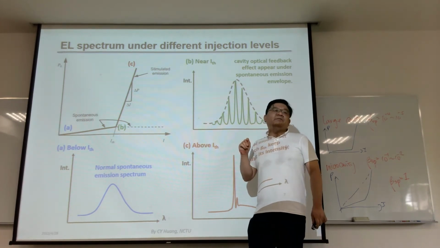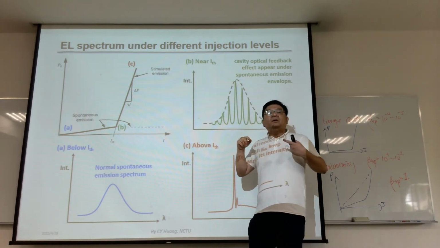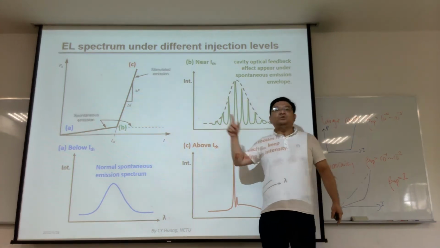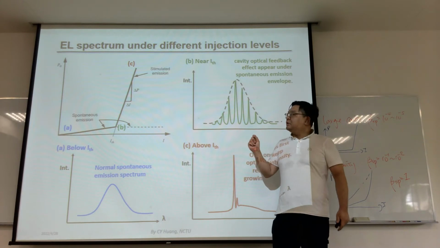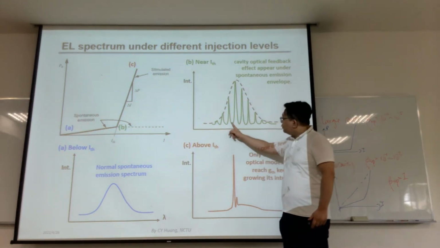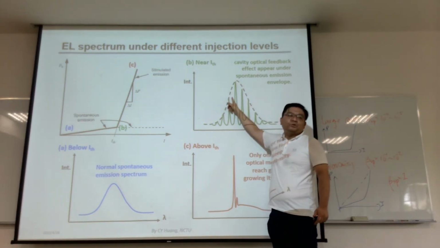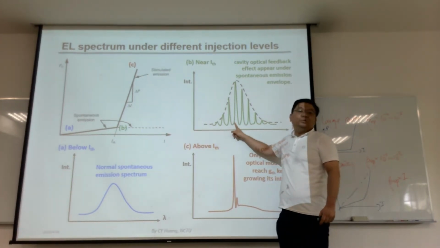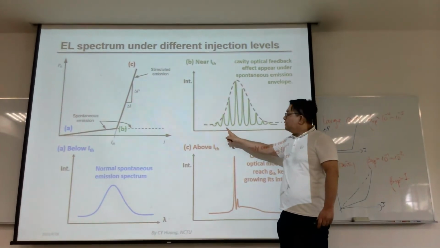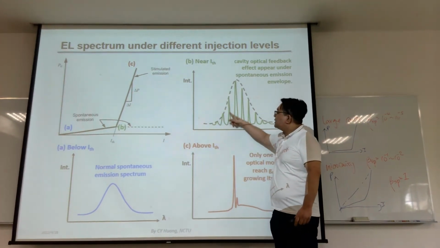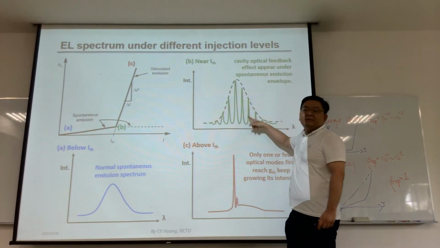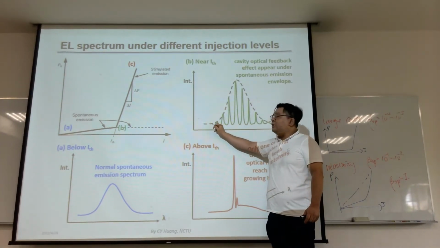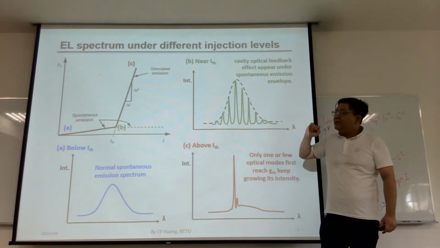But some of the wavelengths are not. They will be destructive with each other because the round trip is not 2 pi, it's pi. So it makes some wavelengths have much stronger photon intensity, but some of them much weaker. So you will see something like a comb structure, like this. And all these peaks are the optical modes allowed in such a cavity.